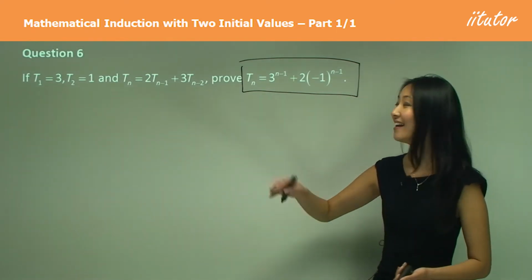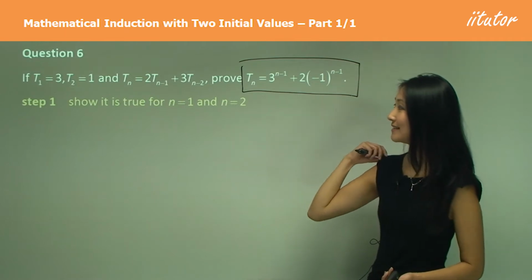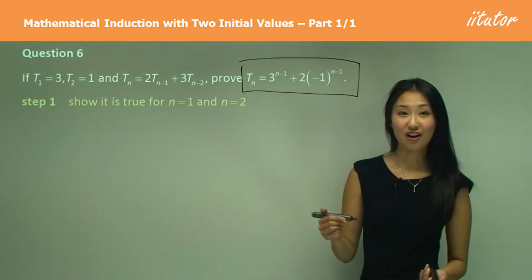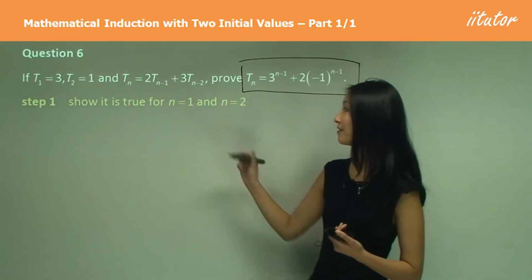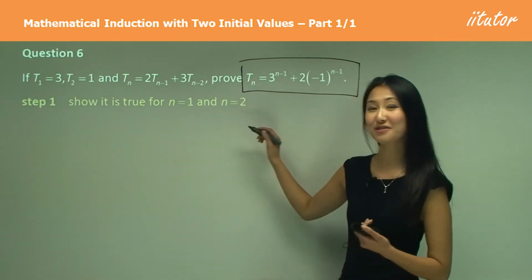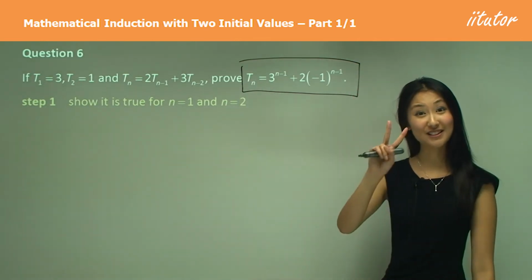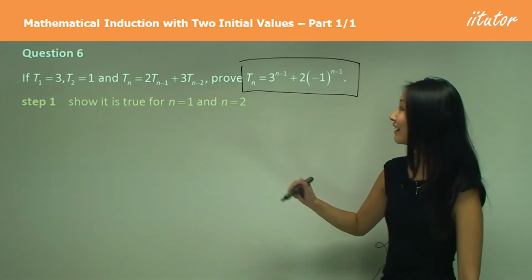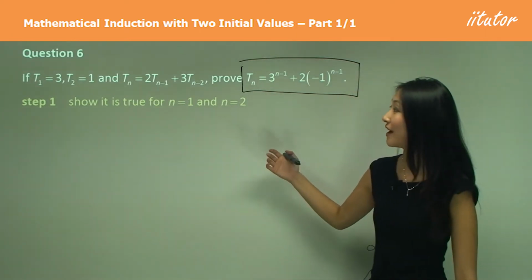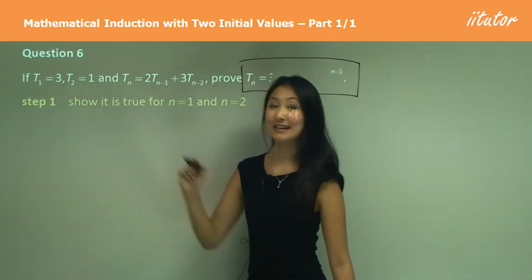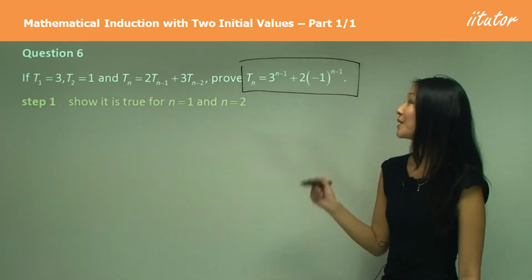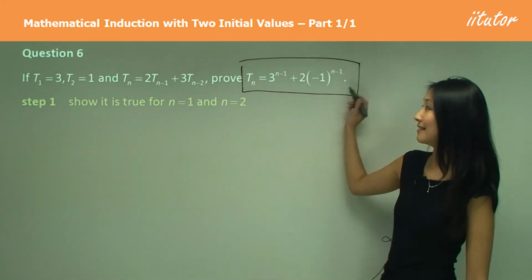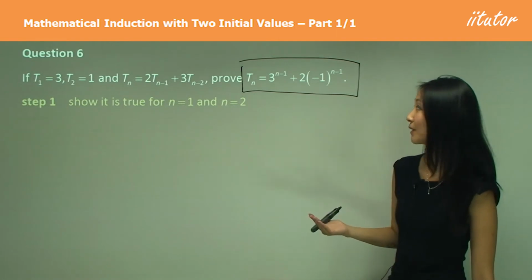that we're just going to use along the way. So to start off with, in step 1, we want to show that it's true for both n equals 1 and also n equals 2, because there's two starting values. So with that, what we know is that the first value we're given equals 3. So we want to prove using this that it does indeed equal 3.